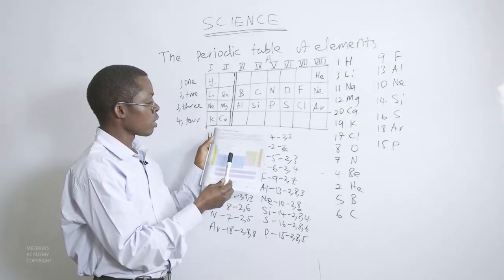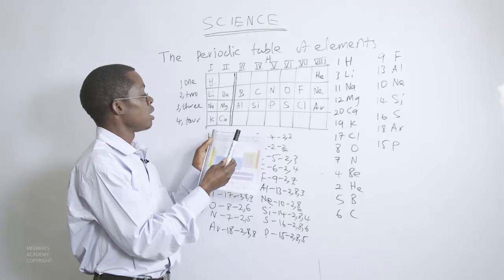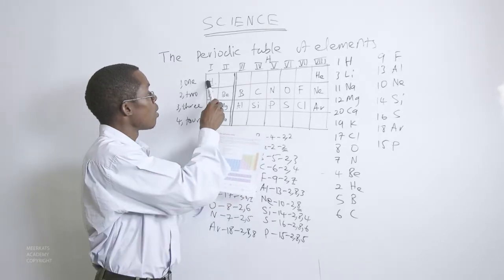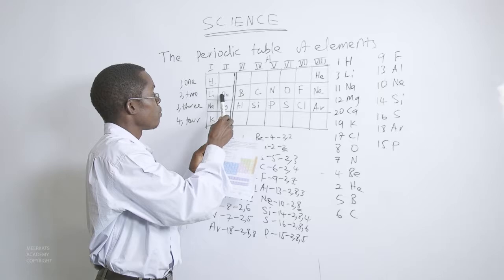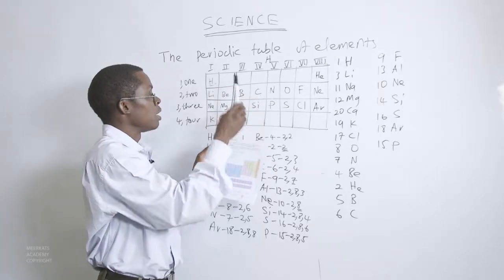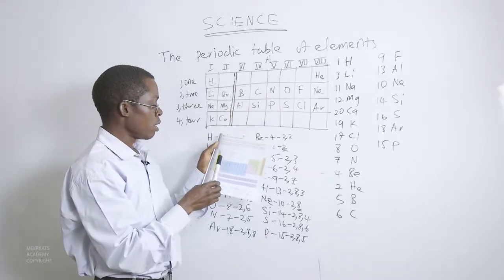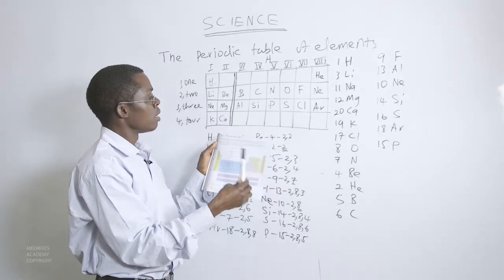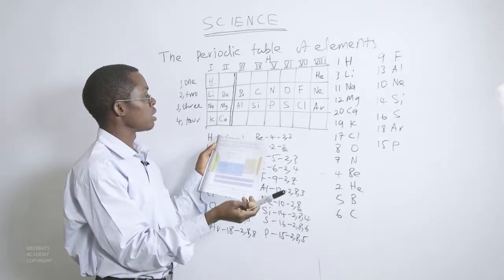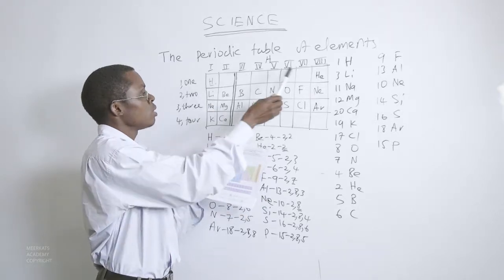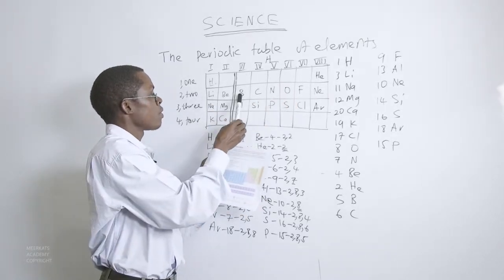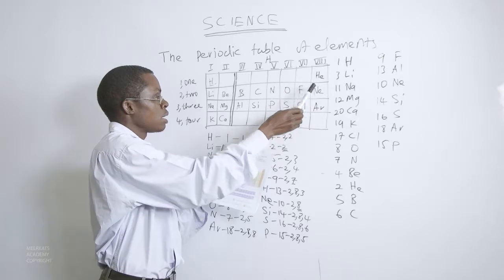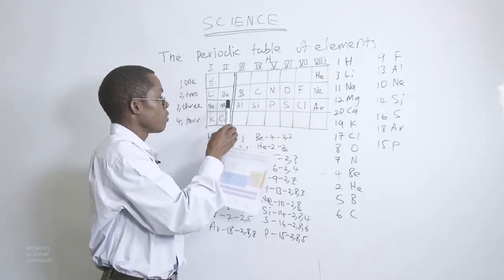Haphazardly, if I can choose, for example, element number 7. Number 7 here is 1, 2, 3, 4, 5, 6, 7. 7 here is nitrogen. If I can also check, number 7 is nitrogen. Maybe let me pick number 13. Number 13 means 1, 2, 3, 4, 5, 6, 7, 8, 9, 10, 11, 12, 13.